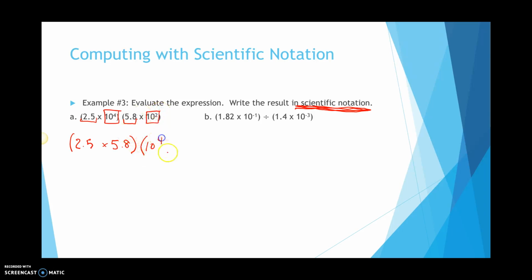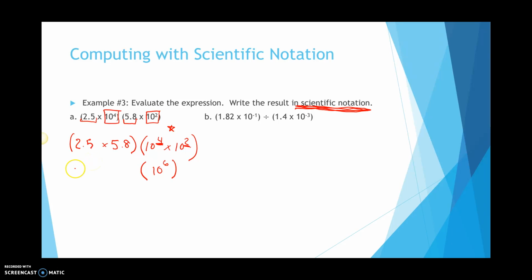So we have 10 to the 4th times 10 squared. When you have like bases, when you're multiplying, remember you add those exponents. So technically this is going to be 10 to the 4 plus 2, which is the 6th power. So we've taken care of this set here, but we need to multiply 2.5 times 5.8.